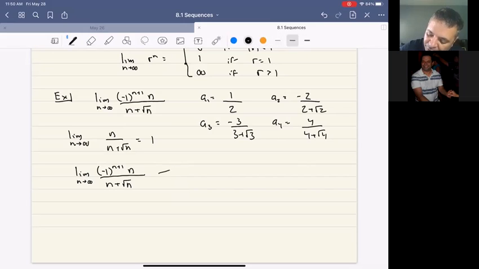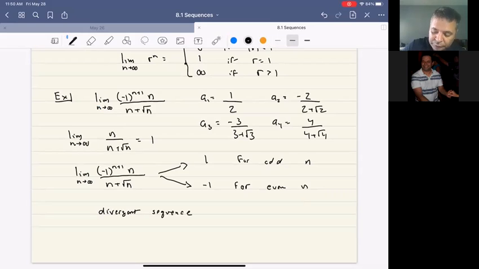It's going to go to 2 different things: 1 for odd n, -1 for even n. This is still a divergent sequence. All right. Give me just a sec.